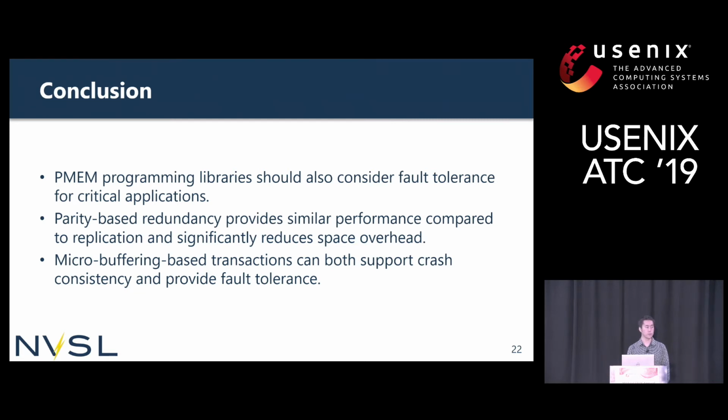Okay, let me start the questions. You explained how Pangolin handles two different threads trying to modify different objects, right? How does Pangolin handle it if two different threads try to access and modify the same object? Is the micro-buffer going to be shared? Our micro-buffer by default is thread local. So it supports threads modifying different objects.